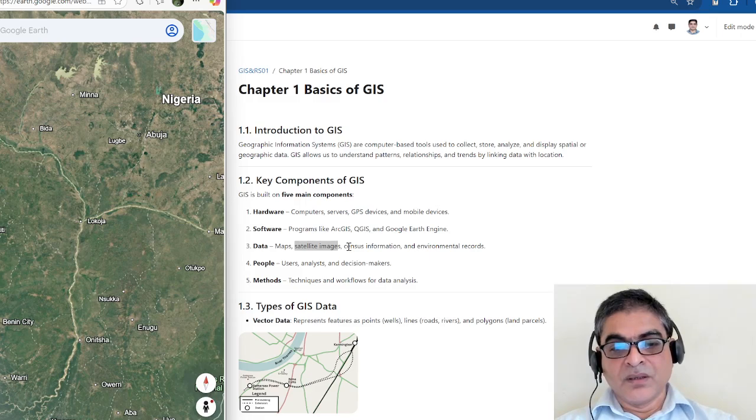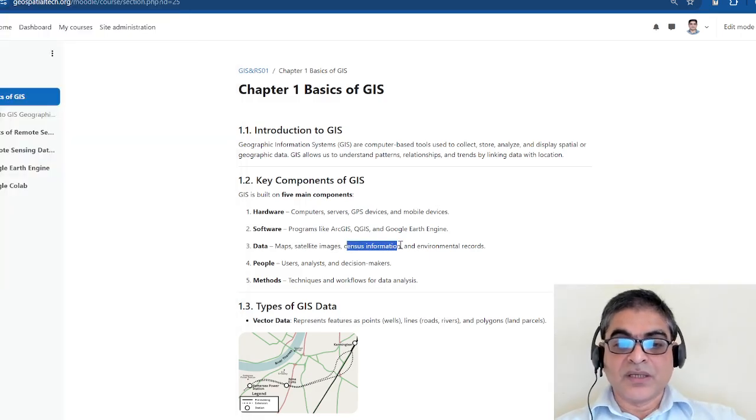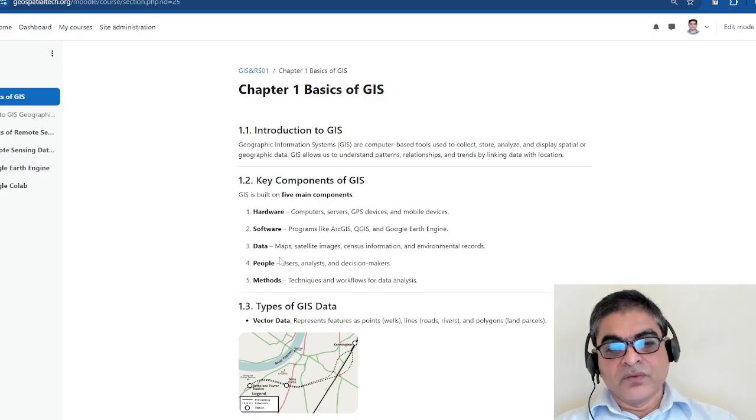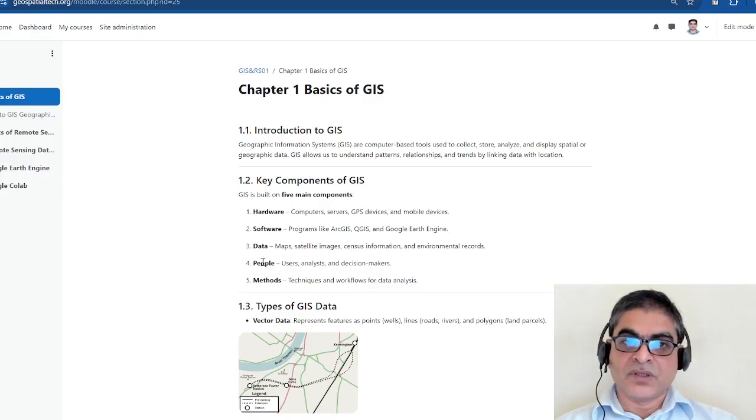And then we may require census information. If we have some point or polygon data, then census information can be attached or linked to it to do further analysis. And then of course we need the people, the experts, to do the data analysis, and the finished product may be in the form of a map or in the form of a report.